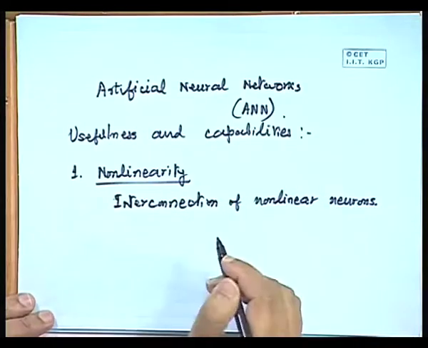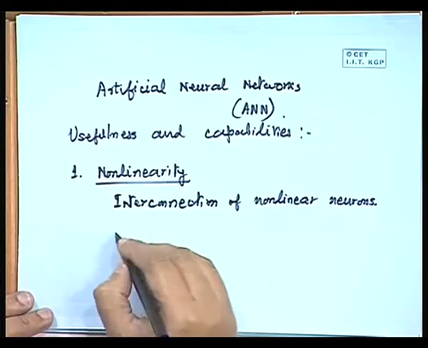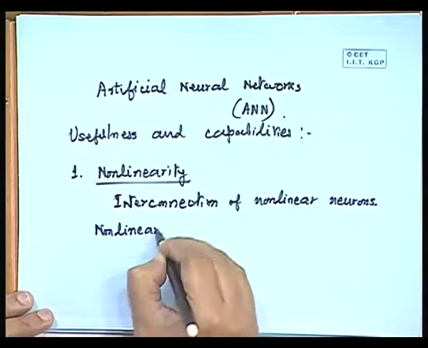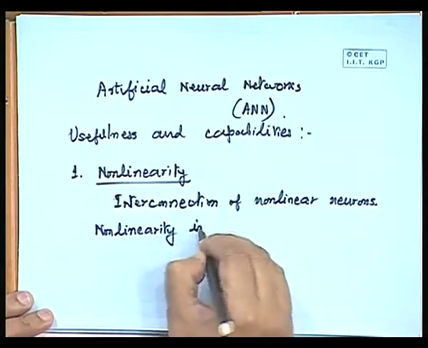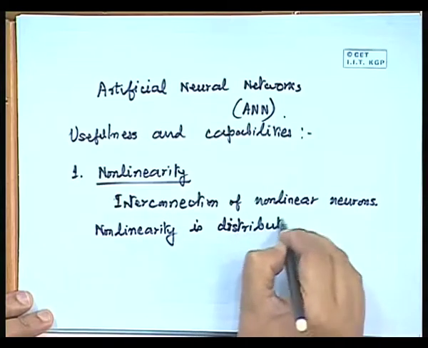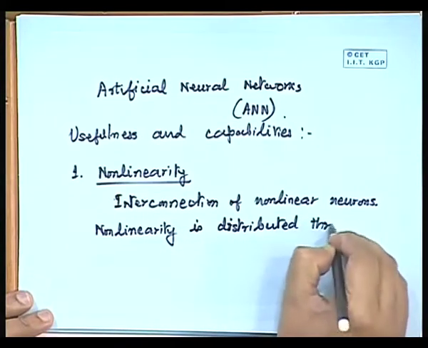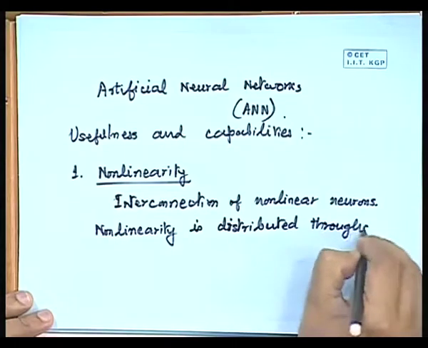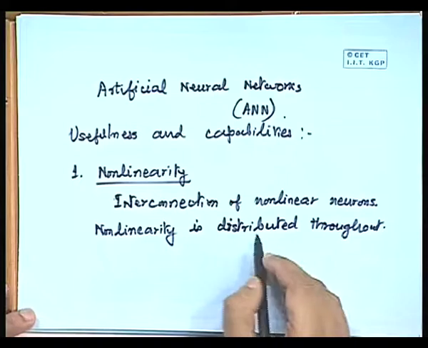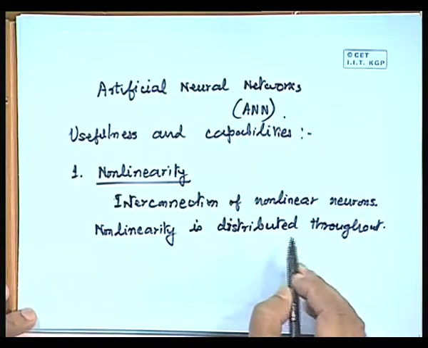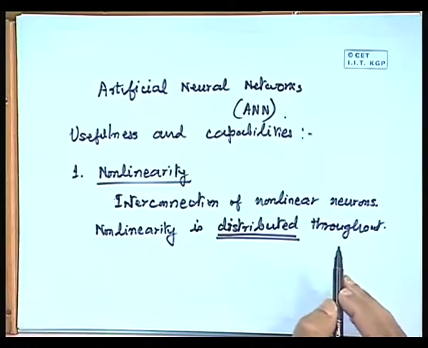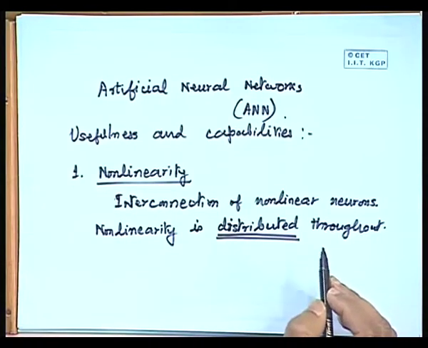Another thing which should be noted is that the non-linearity is distributed throughout. In fact, the very nature of computation, as you can realize, is highly distributed in nature. So, the non-linearity that we are talking of is naturally distributed.